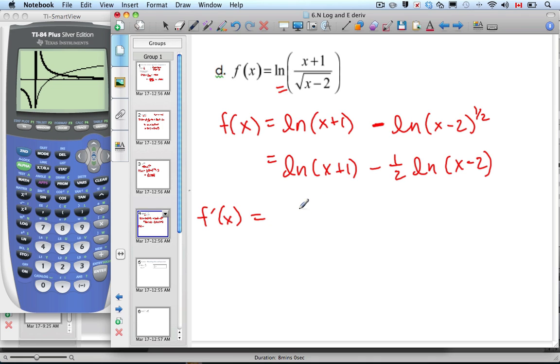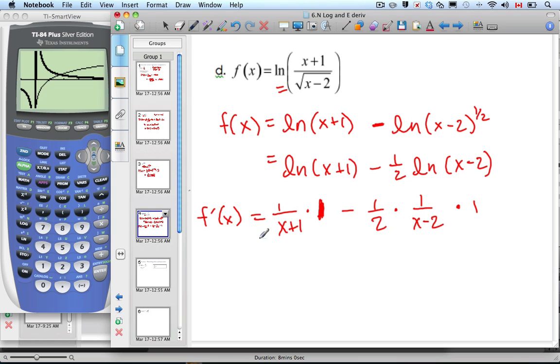I simply take the derivative of natural logarithm, which is 1 over x plus 1, times the derivative of the inside, which is just 1. Minus the 1/2, times 1 over x minus 2, times 1.